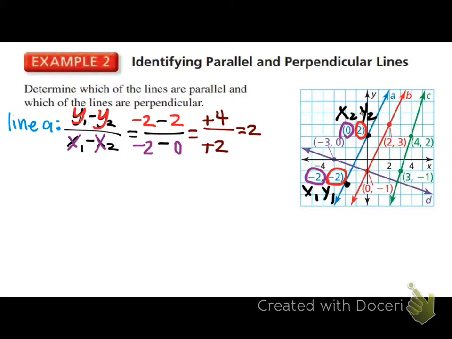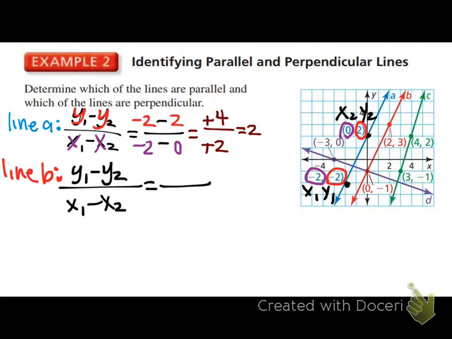We're going to do the next line. I'm just going to go in ABC order because I feel like life is easier with some order. We're going to do y1 minus y2 over x1 minus x2. So again, I'm going to read left to right.